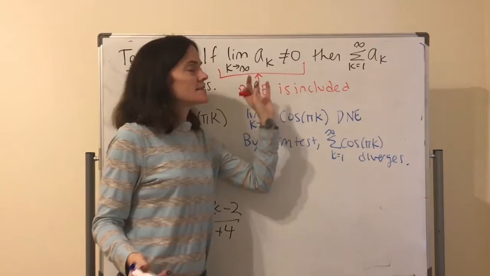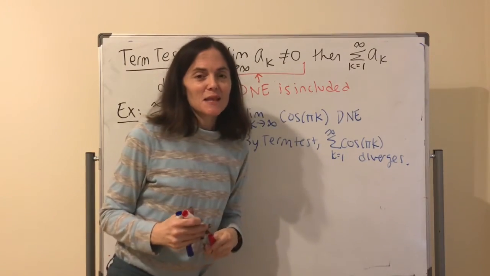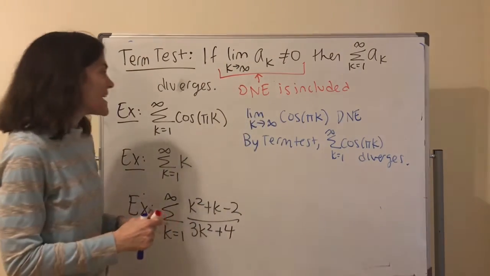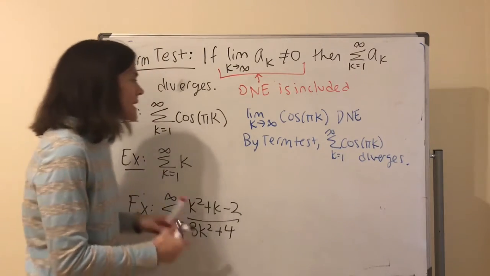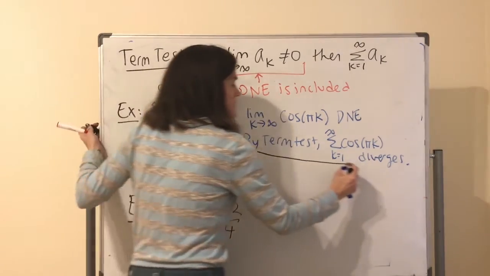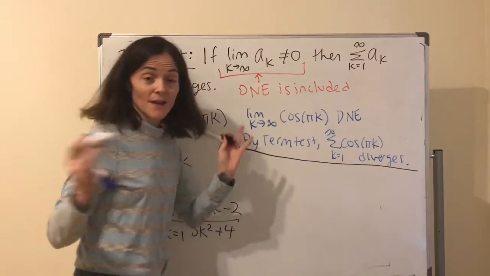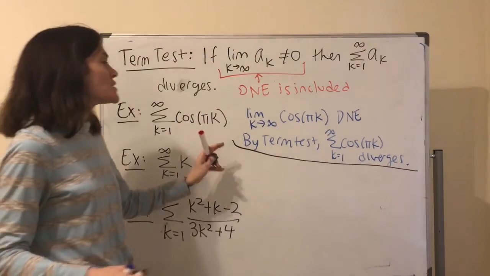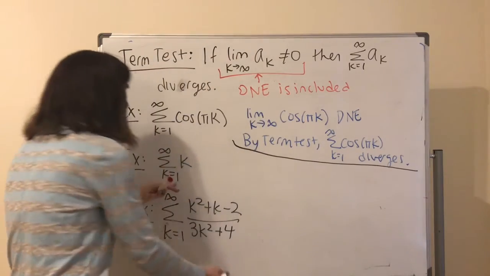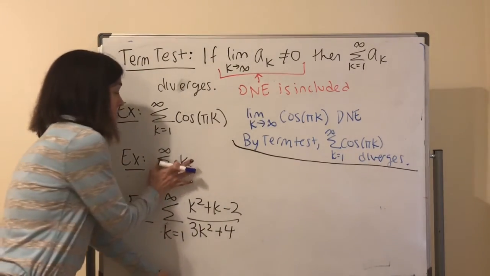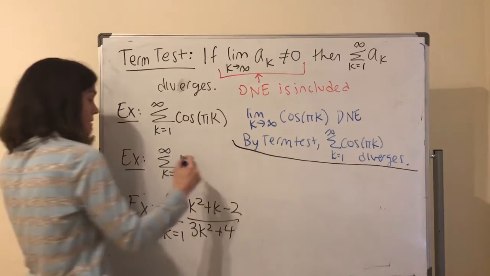All of that is encapsulated in the limit not being 0. Here, by the term test, this series must diverge. And you see, with this justification, so this particular series we have now justified twice, with this justification I never computed a partial sum. Similarly here, I can justify this diverging.